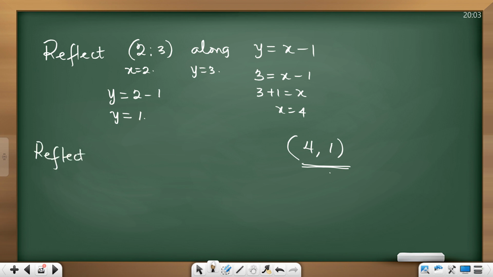Let's create a formula for it. Reflect A, B along the line y equals to x plus k. What is going to be our new x value? My A and B here, right? Plus K. What is my y value?